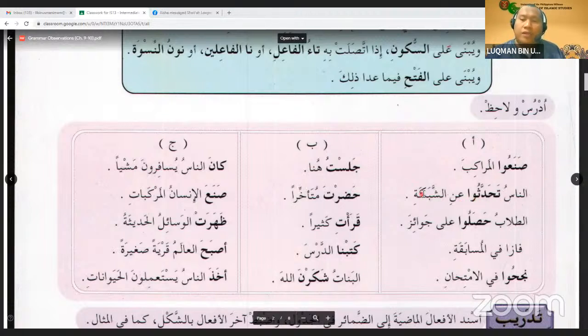People talked about the internet. So تحدثوا is also مبني على الضم, fixed upon ضمة, because it is connected with واو الجماعة, the plural واو.